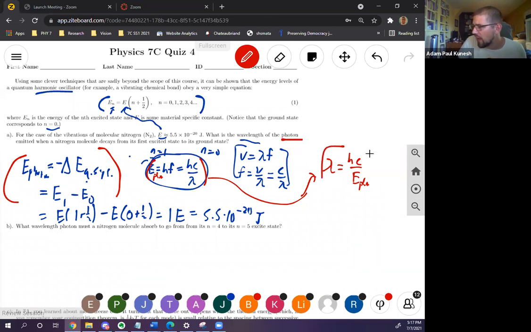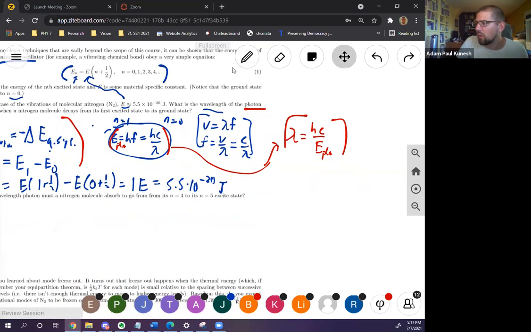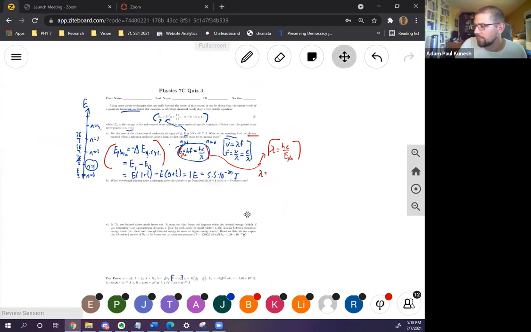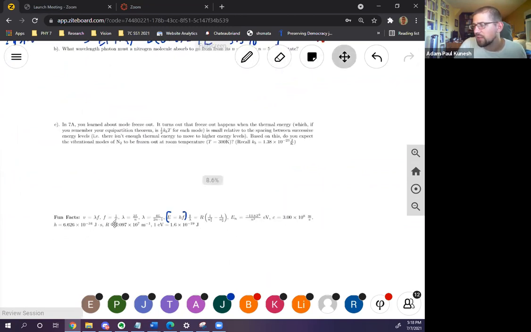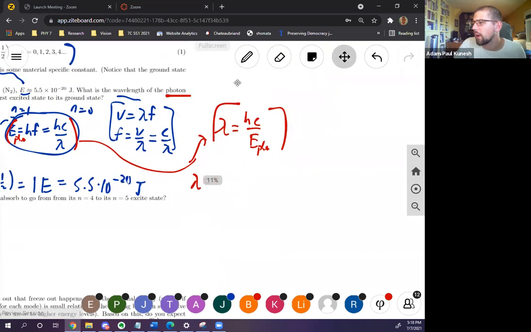All right, now I've got that. I also know the energy of my photon, 5.5 times 10 to the negative 20th joules. So now we're pretty much ready to go. The wavelength is hc, which is, oh goodness, H is 6.626 times 10 to the negative 34th, times 3 times 10 to the 8th.